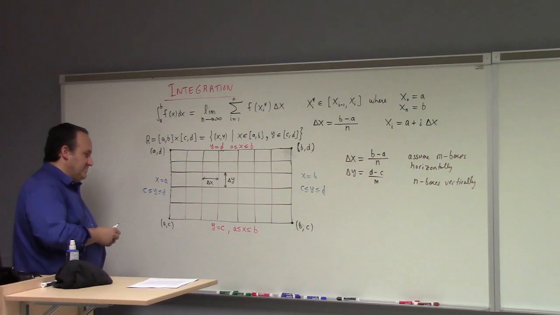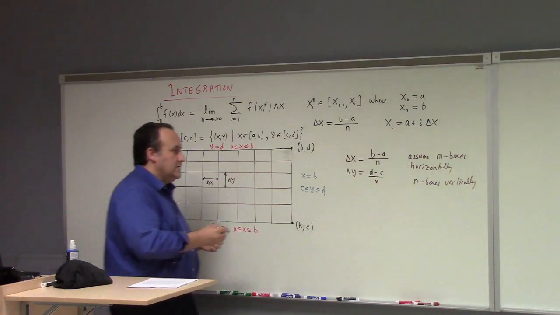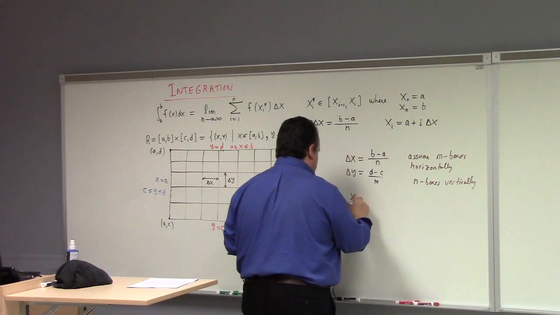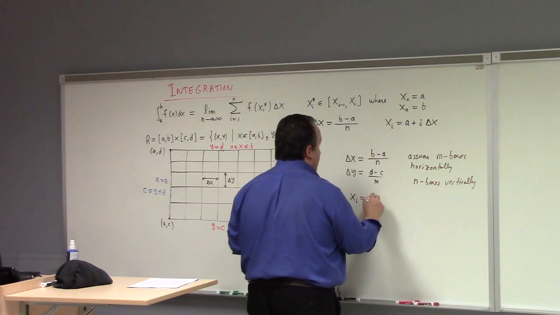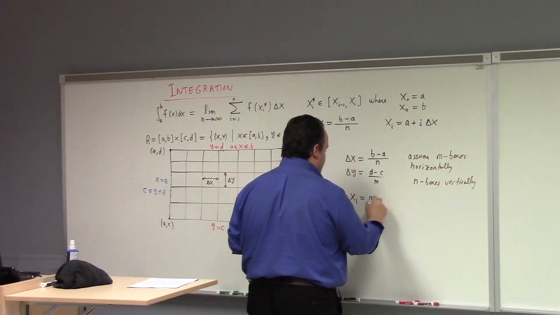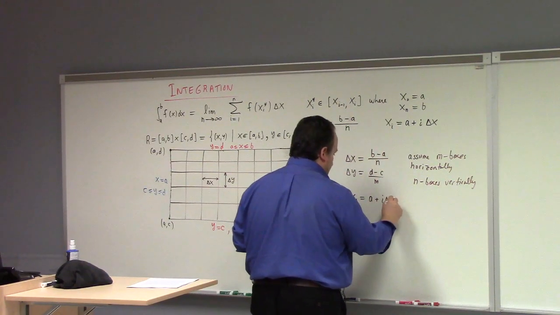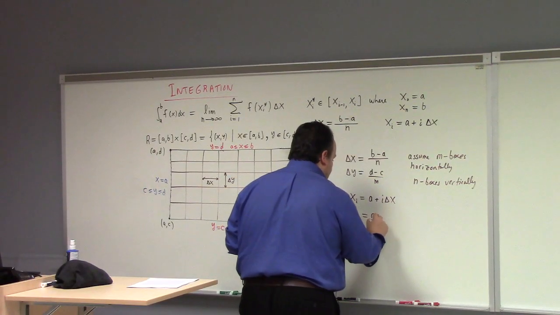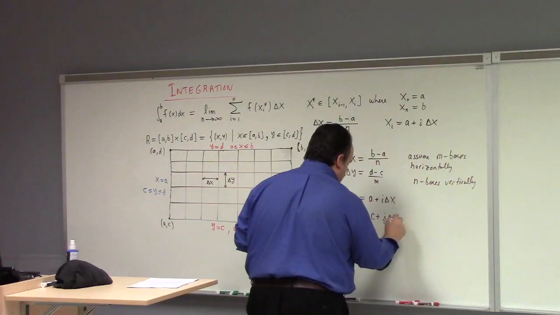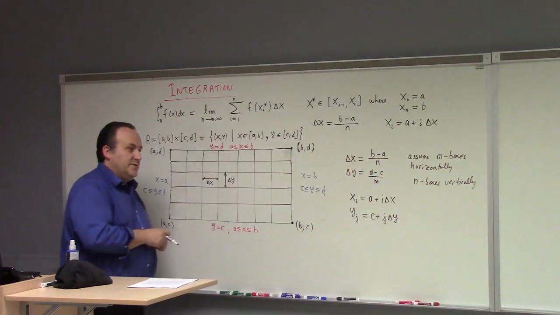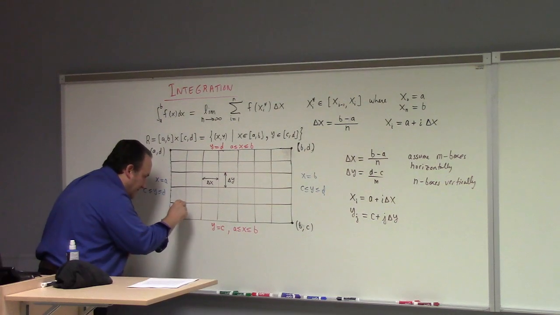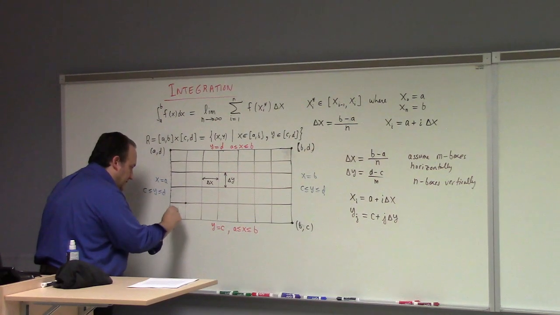Now, in each one of these, I can define x sub i to be the same as it is up here, actually, a plus i delta x, and y sub j is going to be equal to c plus j delta y, all right? Those will define the grid points. So like this point right here, for example, is x1, y1.